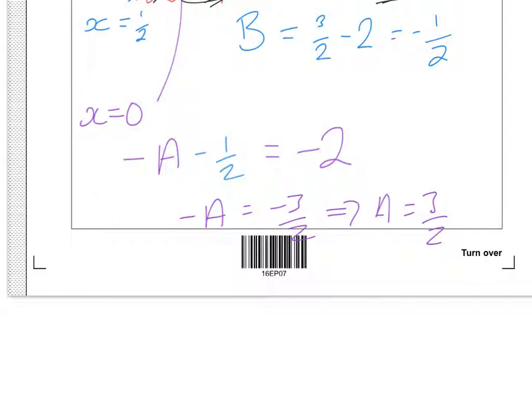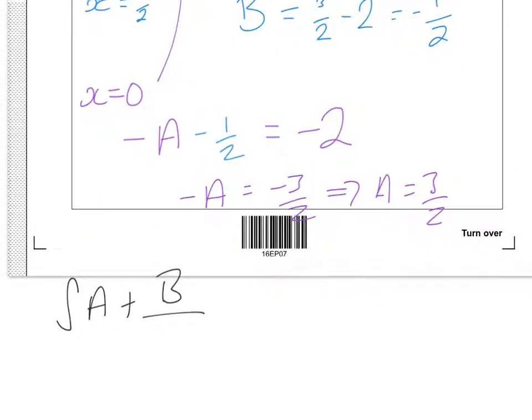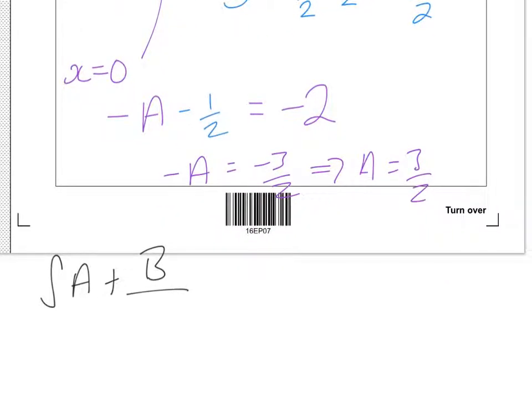And part C says, hence write down the integral of f of x. Well, we've done all the hard work because we're integrating. Instead of integrating the function as given, we're going to integrate the function in that form.